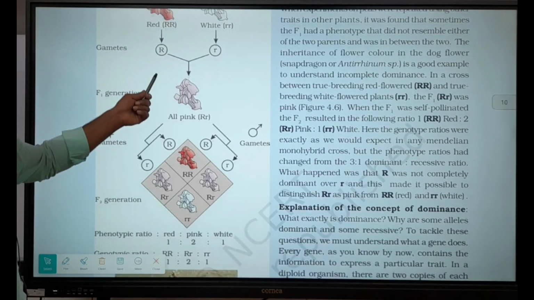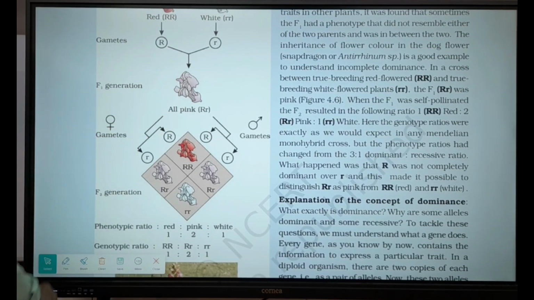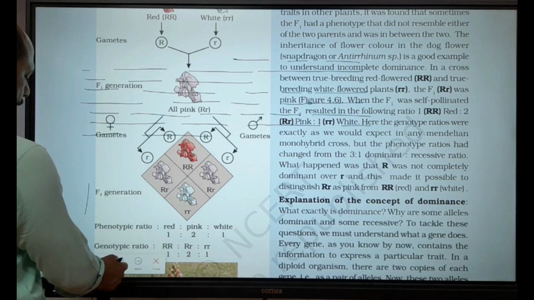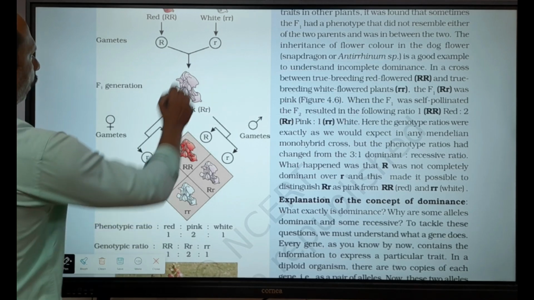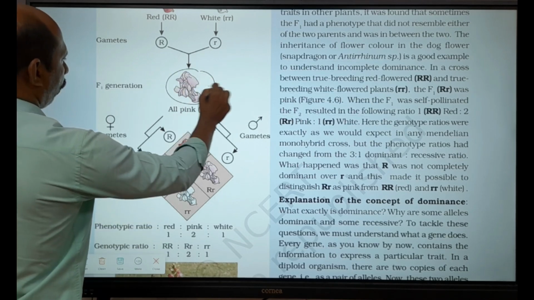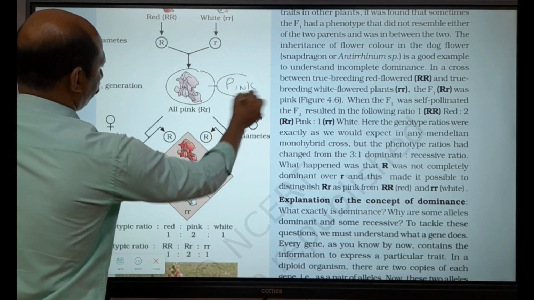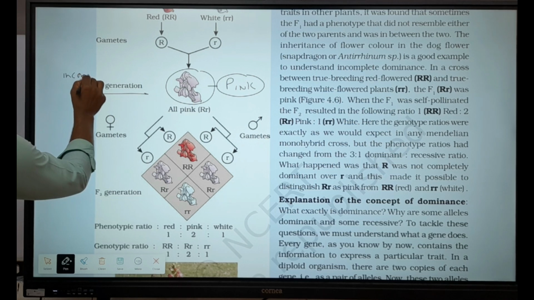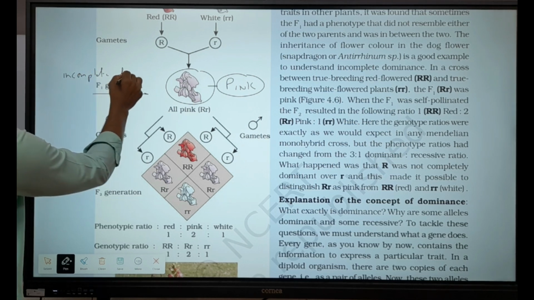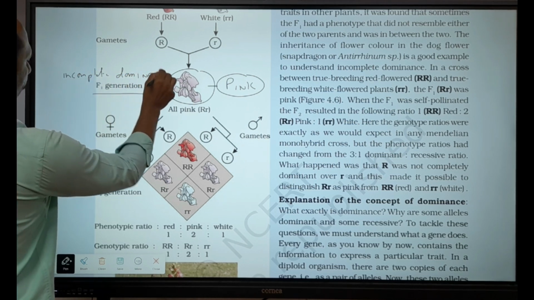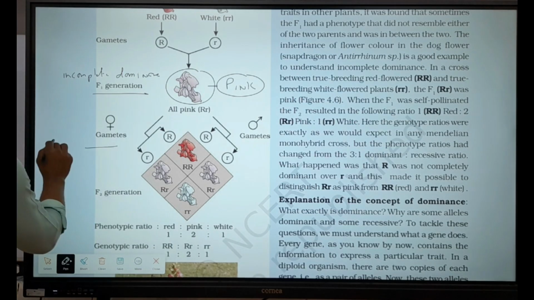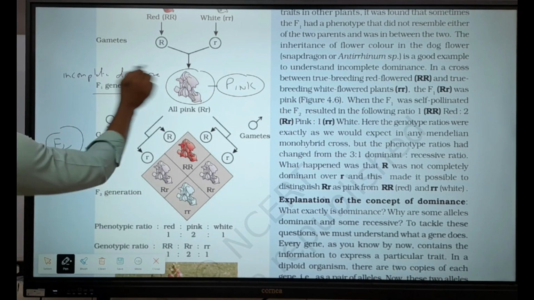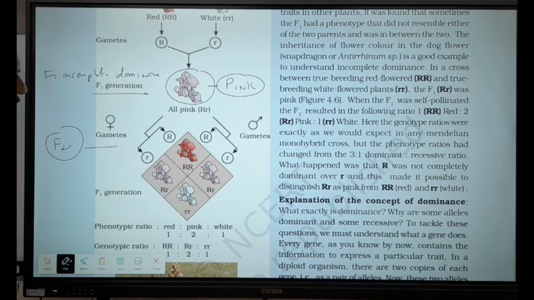Red and white, F1 generation, all are pink flowers. This one is called incomplete dominance. This one is the F1 generation, and this one is the F2 generation. In the F2 generation, what happened?